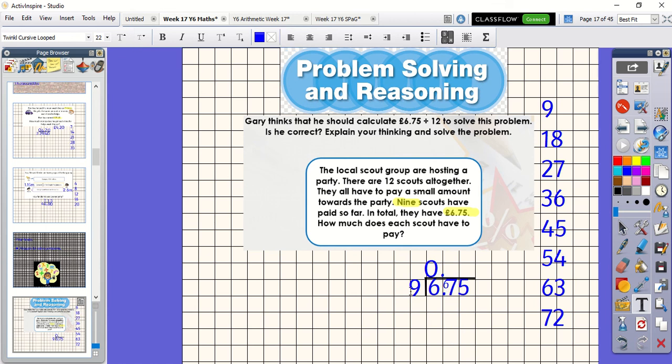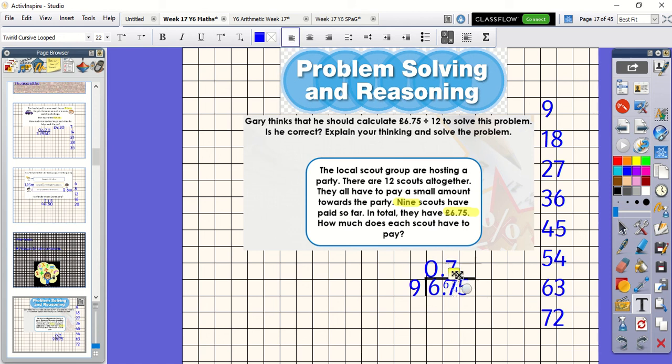Okay then, so how many 9s go into 67? So 1, 2, 3, 4, 5, 6, 7, because 8 would be too big. So 7 times. 9 times 7 is 63, and we've got 67. So we've got a remainder, which is 63, 64, 65, 66, 67. A remainder of 4.